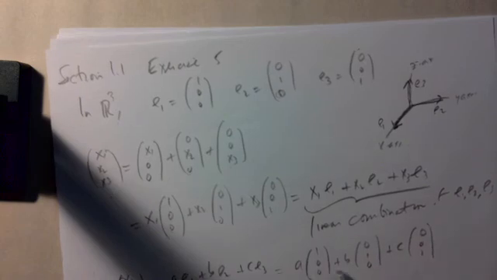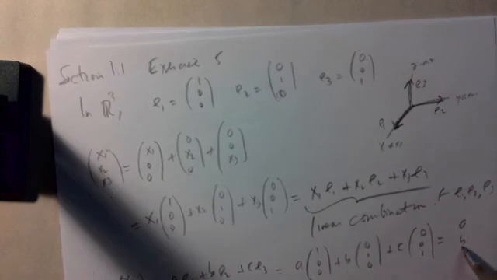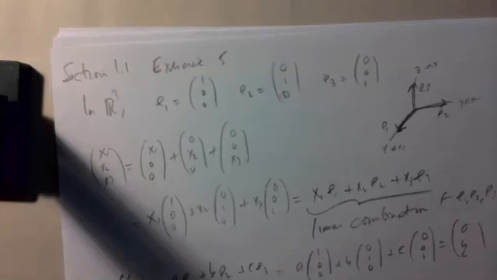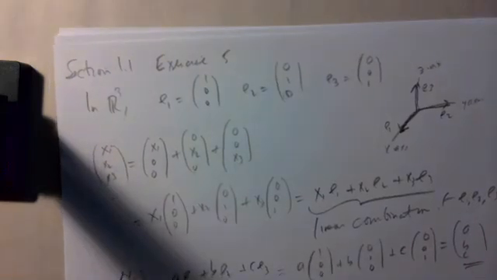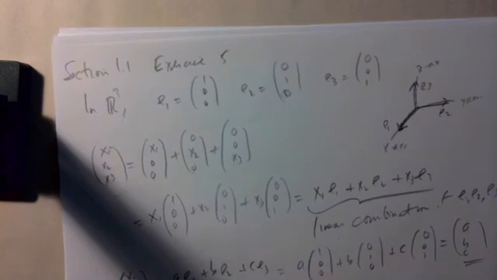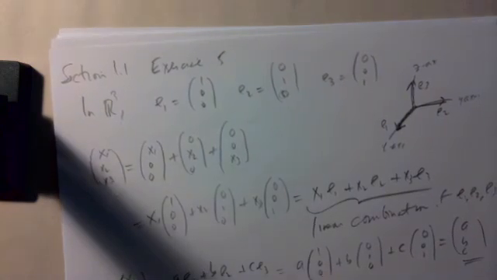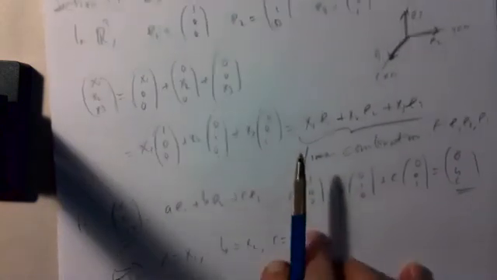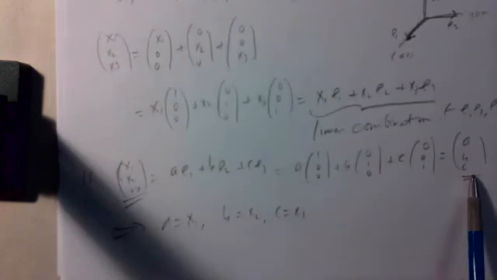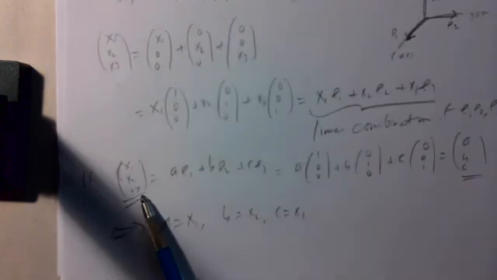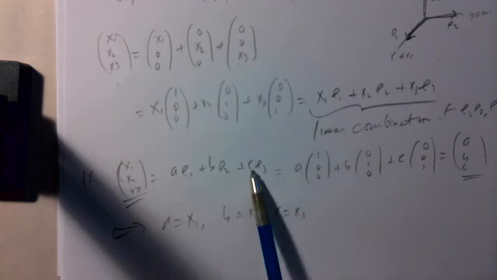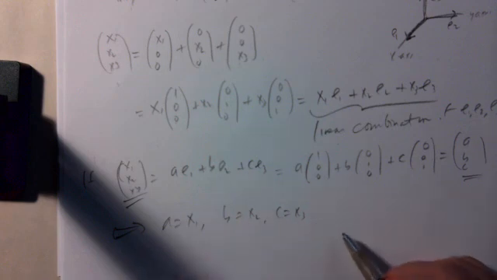And when I do the scalar multiplication and add, I get the vector a, b, c. And this vector equals this vector if and only if a equals x1, b equals x2, c equals x3, because vectors are the same only when they have exactly the same coordinates. So the only way to write x1, x2, x3 as a linear combination of these unit vectors is like this. So this proves uniqueness.